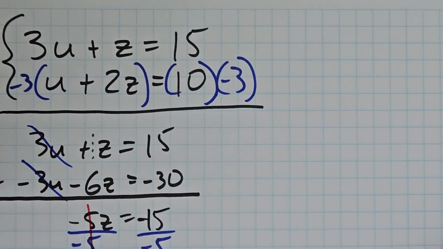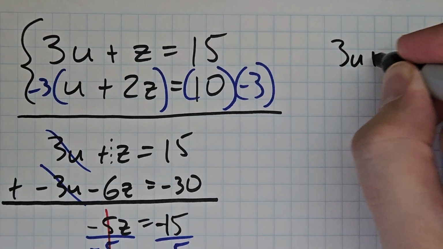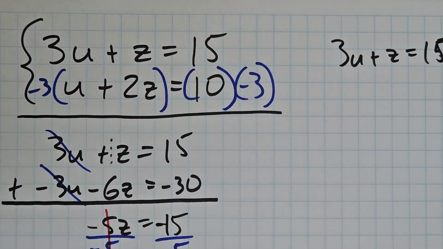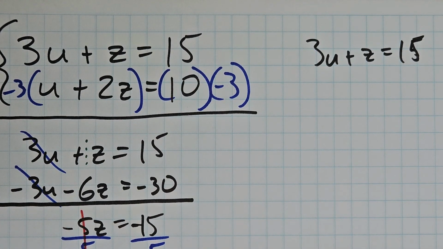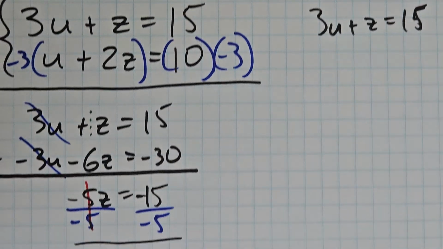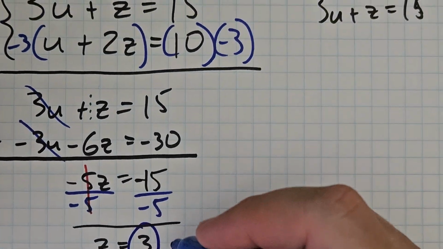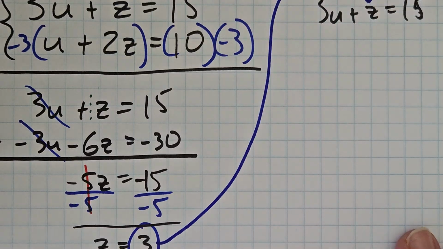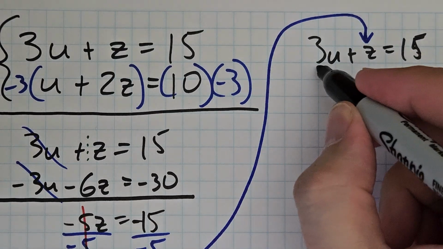And so I'm just going to copy this first equation, 3u plus z equals 15. I'm picking the first equation arbitrarily, no great reason for that. And now that I know z is 3, or at least that's the value of the variable that makes both equations true in this case, I'm going to substitute that in place of z in one of these original equations.